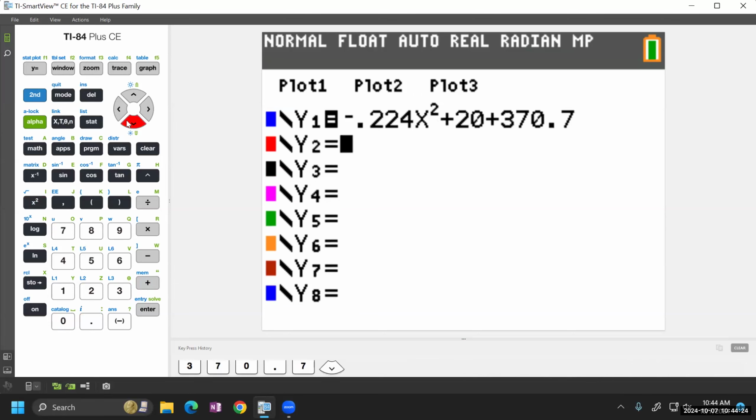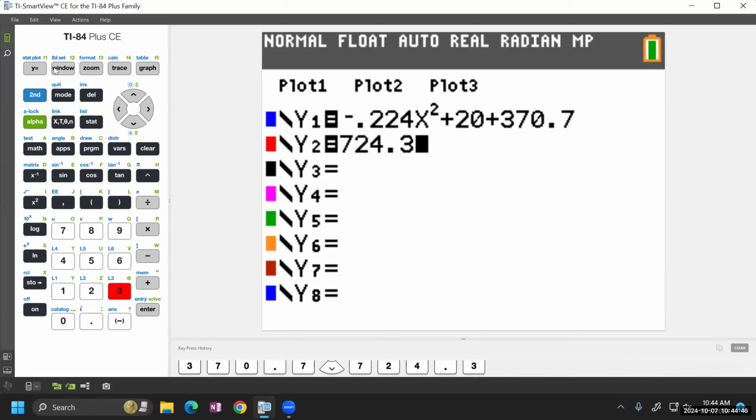And then the other one is 724.3? So I do need in the y direction to at least go up to 750, because y2 is going to be a horizontal line at 724.3.